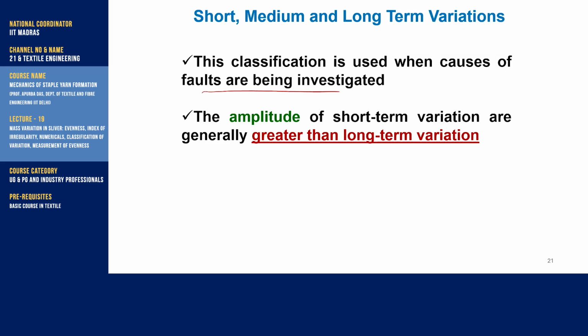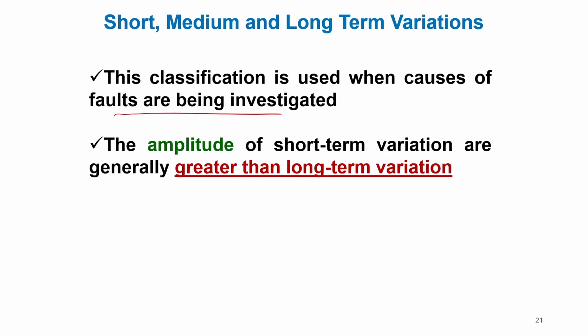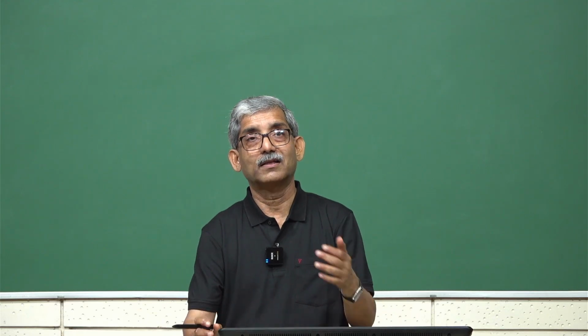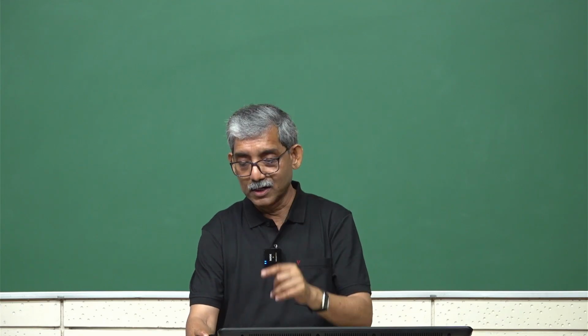Okay. The amplitude of short term variation is generally greater than the long term variation, because why? Because long term variation happens at the back, in the earlier process, and that is why it gets stretched and there is a chance of correction. So, the amplitude reduces.